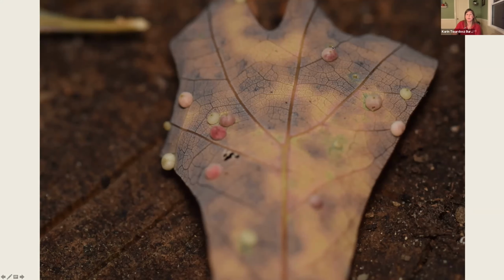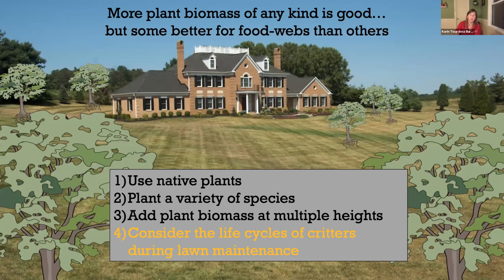It turns out that these are jumping gall wasps that covered the ground. Squirrels would pick up each individual leaf, chomp off these little galls, which have a little wasp living inside them, and so they were providing an important resource. So leaf litter can do a lot of things within these communities. That's one way we should potentially be considering the full life cycle of critters when we're doing our lawn maintenance.